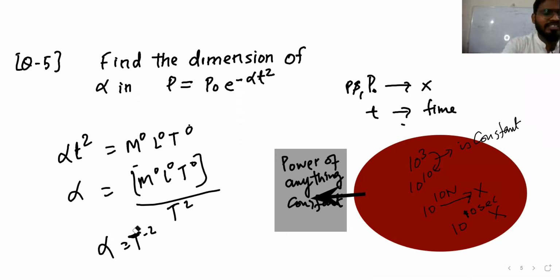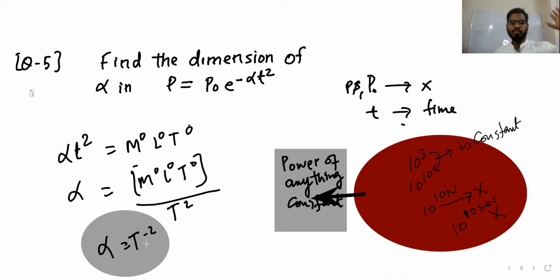How did it become T to the power minus 2? So T to the power minus of 2. That's it. Hope you guys got it. The concept is the power cannot be any variable. It can be a constant and we cannot write any unit there.